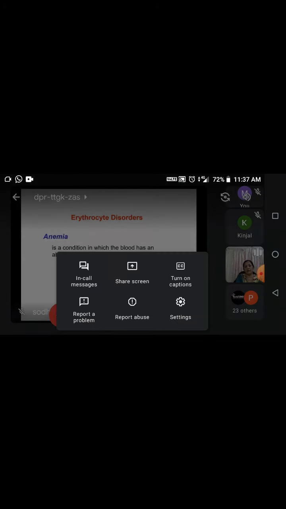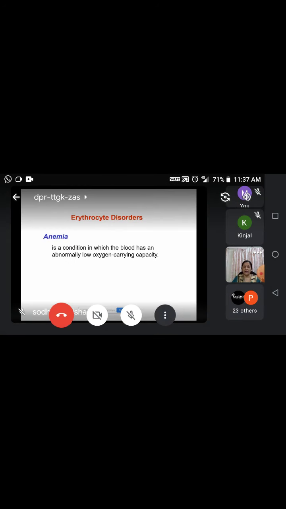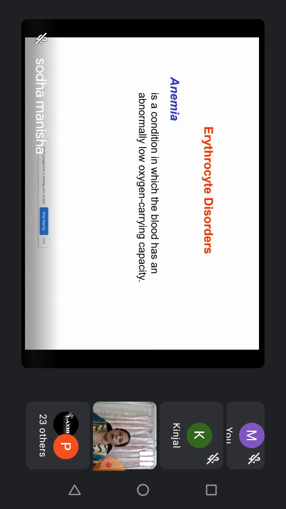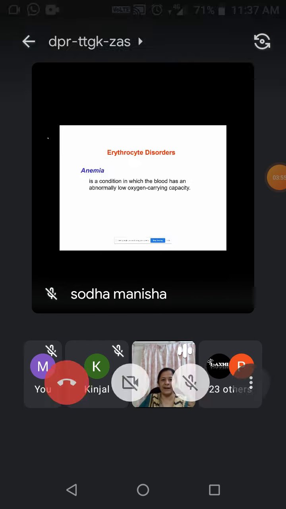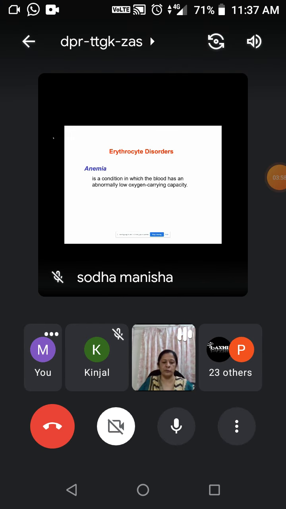Now next reason for this disorder is blood transfusion incompatibility. That also we have seen, that it is necessary to match the blood group of donor and recipient at the time of blood transfusion. So if the blood group of donor and recipient is not matching, so mismatching of blood at the time of blood transfusion is known as blood transfusion incompatibility.